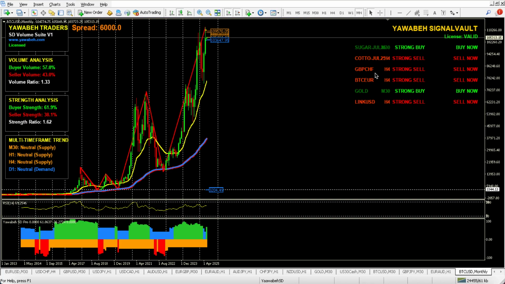If it says sell now or buy now, you need to enter your position. That means the signal is valid. And if it says the market is in the overbought or oversold zone, it will suggest that you exit the order.